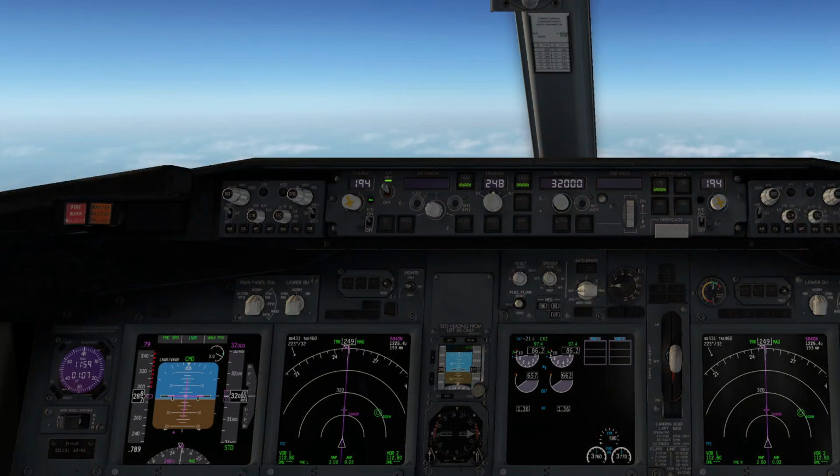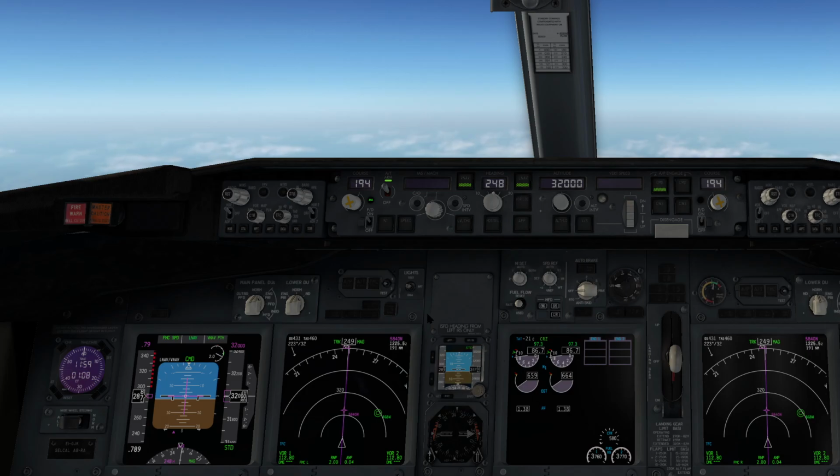Okay, some news from the flight deck. We are currently flying at cruise altitude of flight level 320 towards waypoint 58 west 40 north.